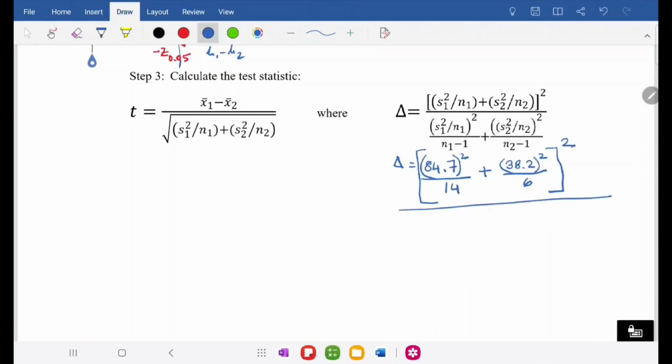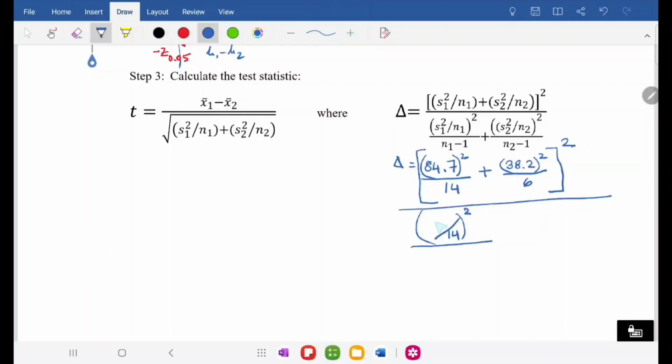And then in the bottom we have 84.7 squared divided by 14, whole squared. Hold on, let me get this right.